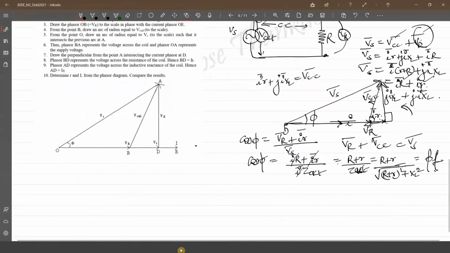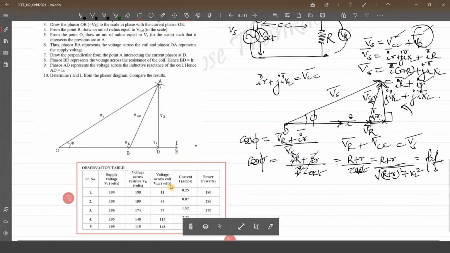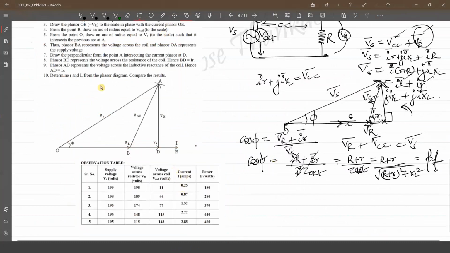Let me just copy that table. I'm just copying this table here. This in the last slide also we had seen for the choke coil. So depending upon this, let's say we are talking about the first serial number. For the first serial number, you can draw the phasor diagram here.